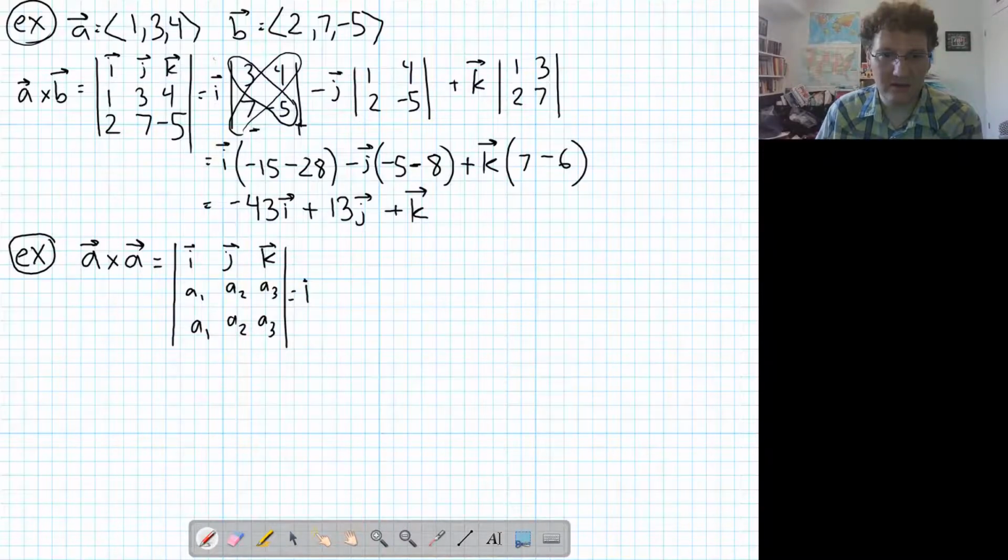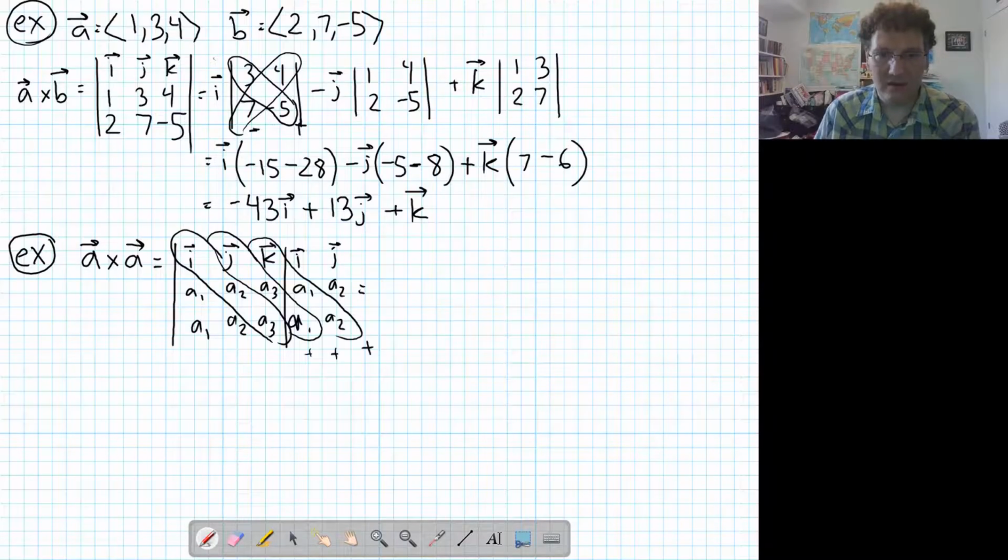Actually, let's do the second method: I'll repeat the I and the J, and then A1, A2, and then A1, A2. Okay, so what we're going to have is these diagonals, which are all going to be positive.